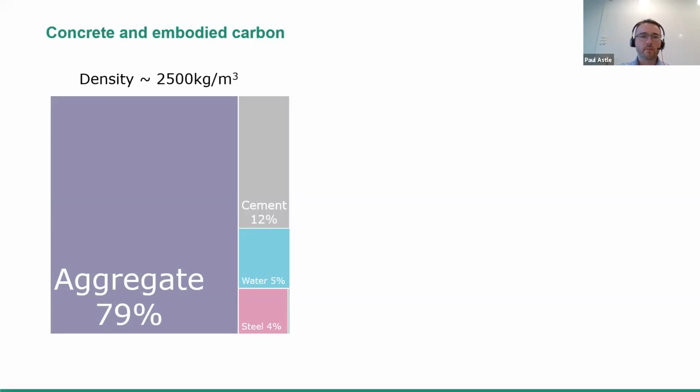The cement accounts for 10 to 15%, perhaps 12% in this example, could be a bit higher as well. Water, steel, and you can just see a sliver which represents these other materials, which can have an important role as well.